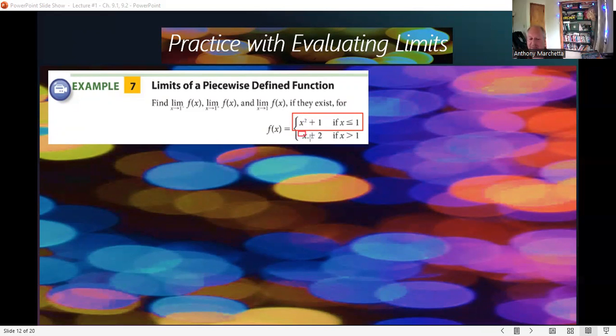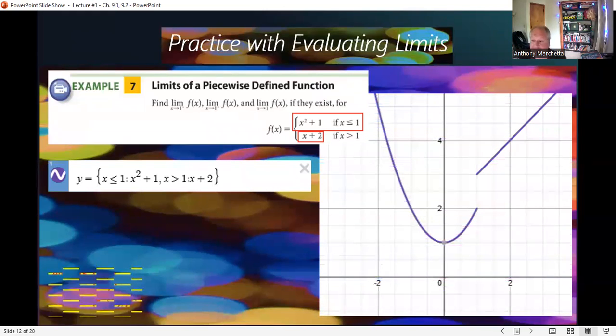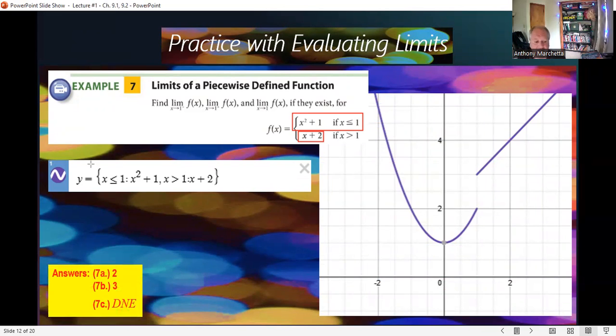And it looks like x plus 2 if x is to the right of 1, meaning the straight line x plus 2 is just a plain diagonal line. Let's take a look at that picture. We could graph it in Desmos using this syntax. Notice in the syntax here, we're using fancy brackets. Those fancy brackets you might have seen before if you were ever studying set notation. And likewise, we have colons here.